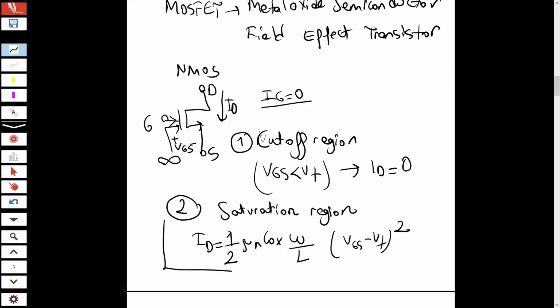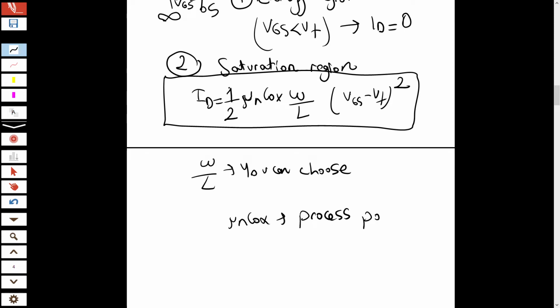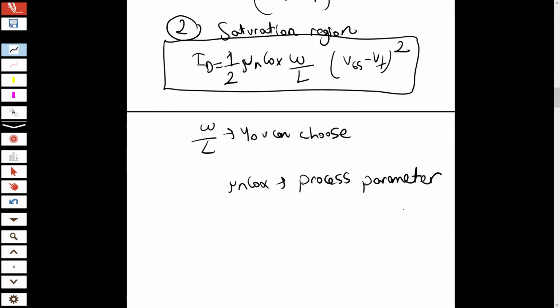So this equation is important. Generally, UN means electron mobility, and Cox is oxide capacitance. Omega over L, generally you can choose it. That means it is up to you, but UN Cox is a process parameter, so it is unique to process.